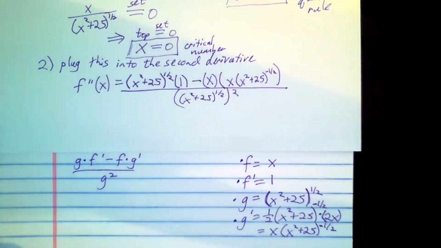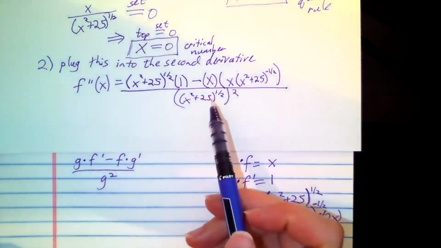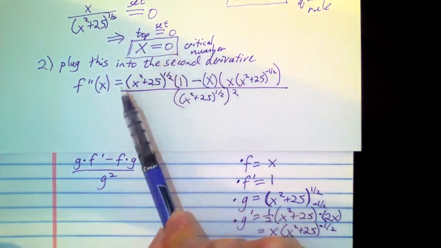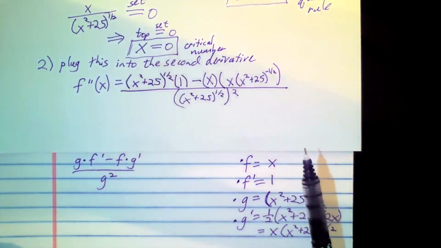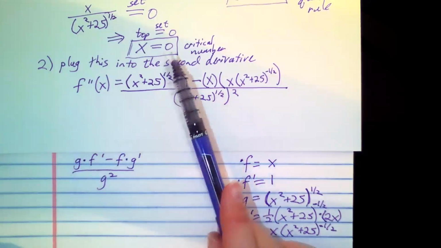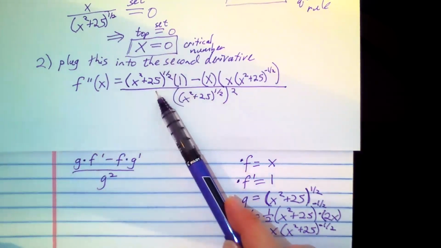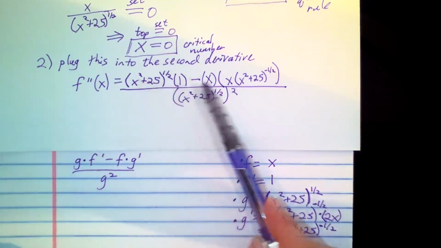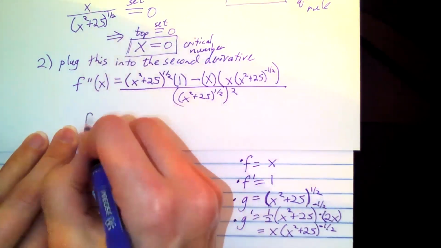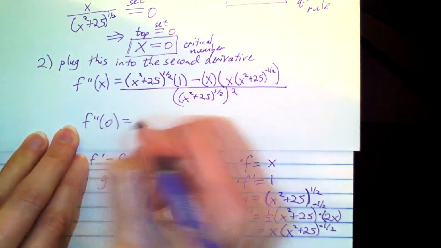So I get here. Now this is my second derivative, and I'm supposed to be plugging my critical number into the second derivative, ultimately, right? We're supposed to find the second derivative, and as part of the second derivative test, I'm supposed to take this critical number and plug it in. So this is where I'm going to ignore the fact that this is really ugly, and I'm going to go ahead and plug in x equals 0. Nice things start happening there.